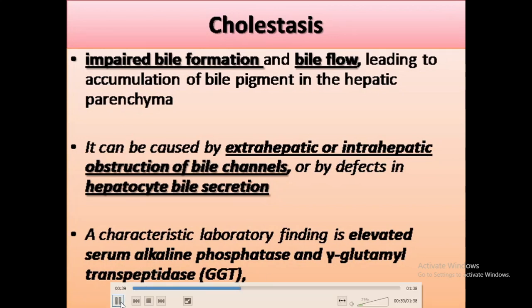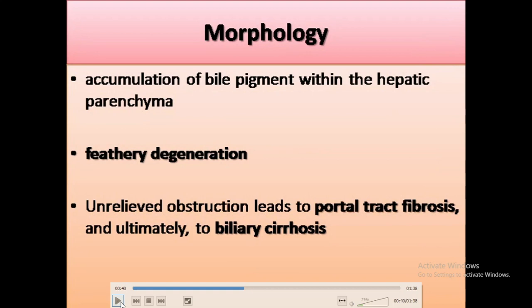Morphologically, there is accumulation of bile pigment within the hepatic parenchyma, and hepatocytes may appear pigmented and swollen, known as feathery degeneration, and relieved obstruction may lead to portal tract fibrosis and ultimately biliary cirrhosis.